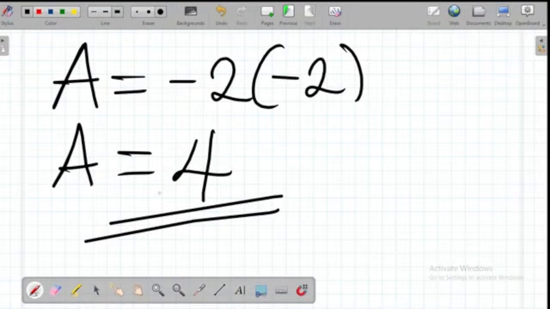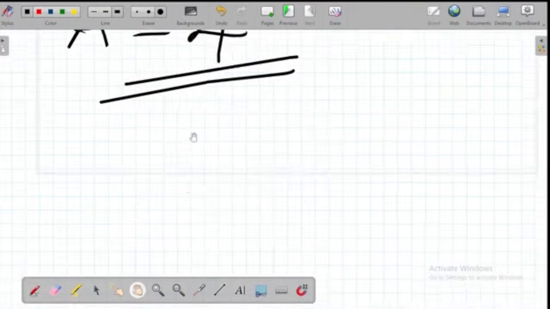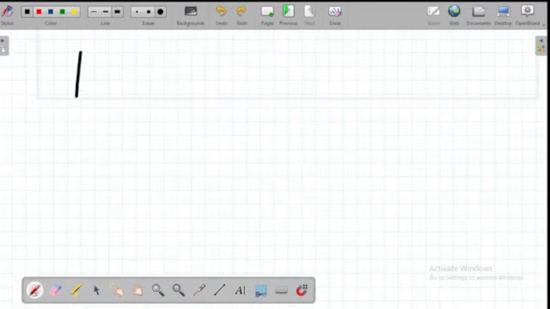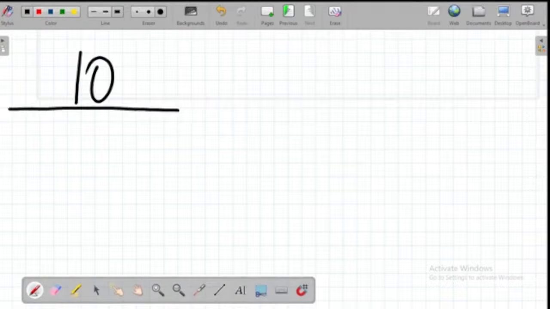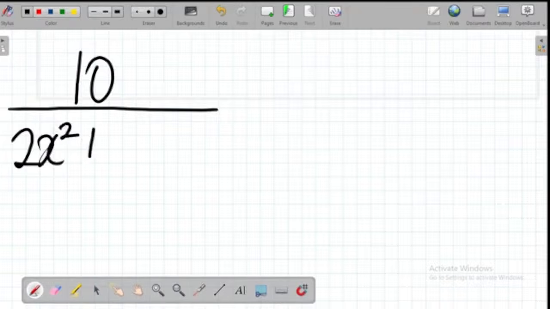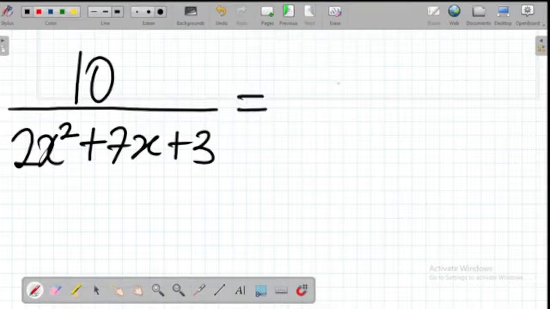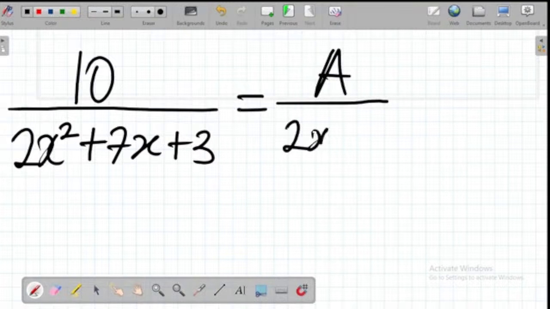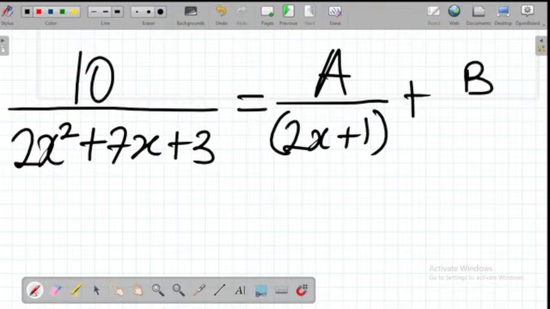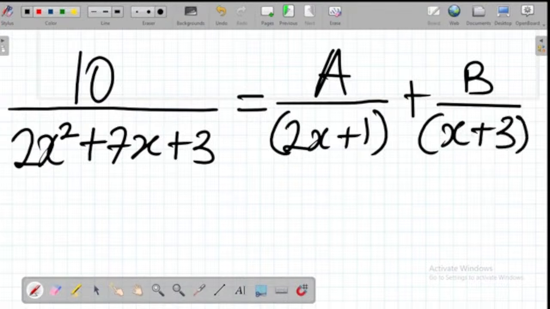Alright, so let's put the values of A and B into equation 1. Remember, equation 1 is 10 all over 2x raised to the power 2 plus 7x plus 3 equal to A all over 2x plus 1 plus B all over x plus 3. This is equation 1.